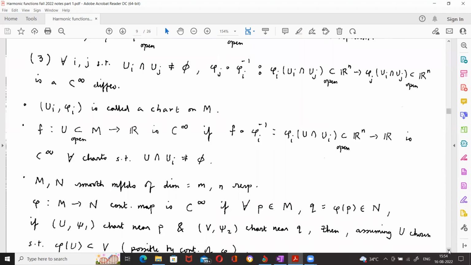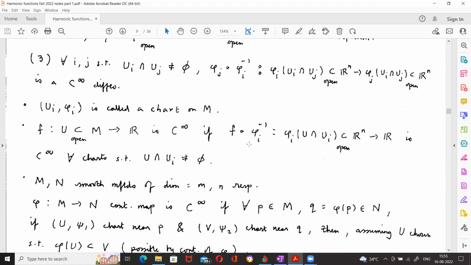Now we can talk about smooth functions on a smooth manifold. We'll say that a function F on an open subset U of my manifold M, taking values in R, is smooth if F composed phi i inverse is smooth.